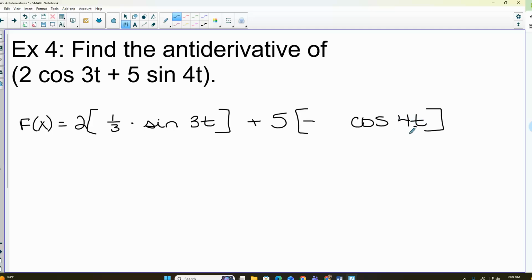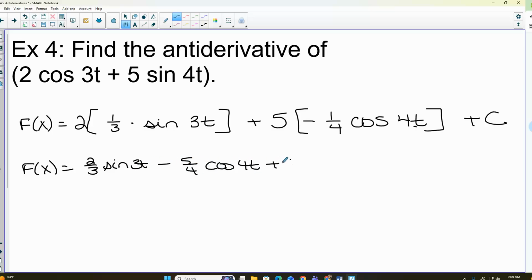So if we think through this, the derivative of negative cosine would be positive sine, angle stays the same, times the derivative of the angle, which is 4, so we need a 1/4. And then always have a plus c. So we get 2/3 sine of 3t minus 5/4 cosine of 4t plus c.